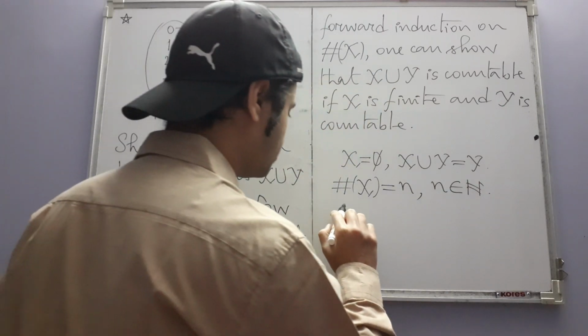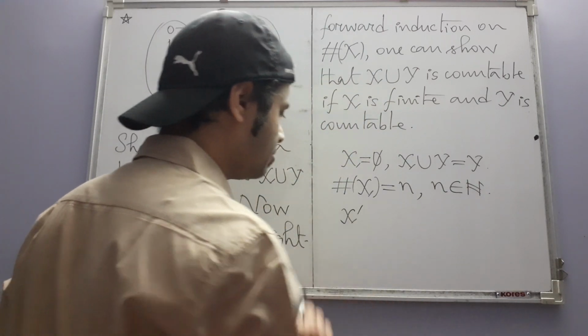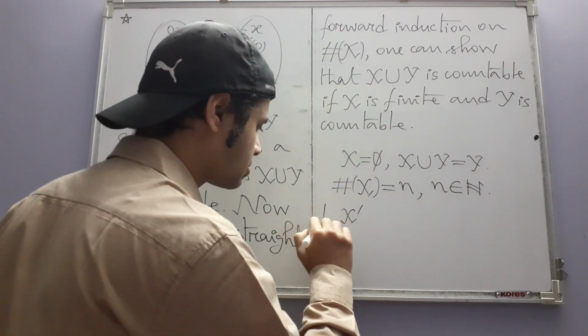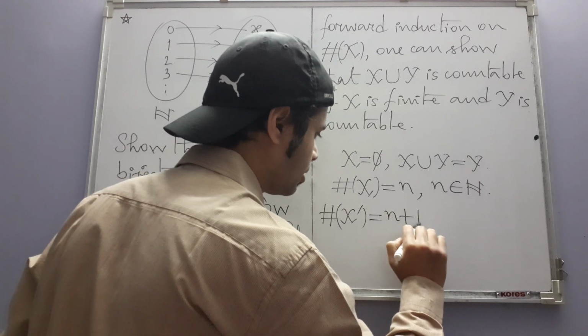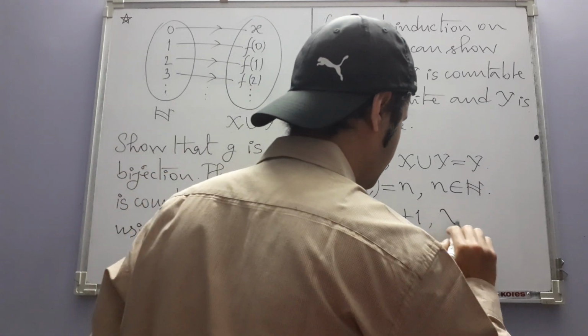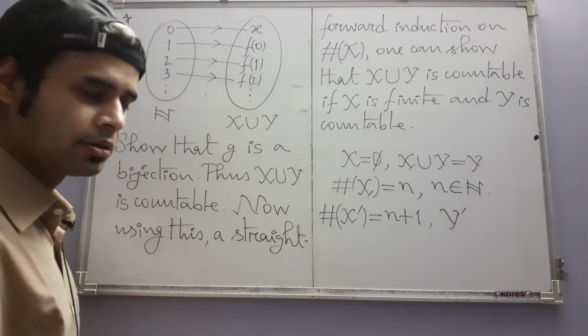Then you let X prime be a finite set whose cardinality is N plus 1 and let Y prime be a countable set.